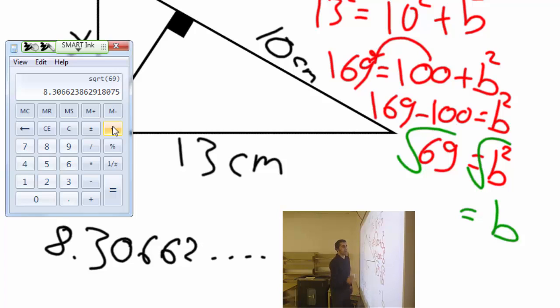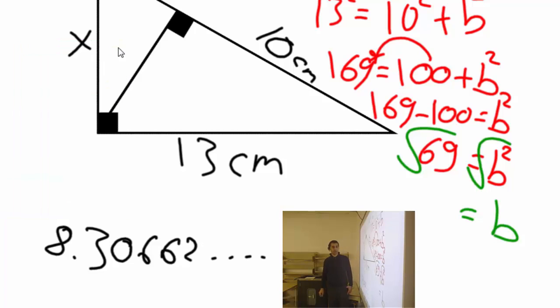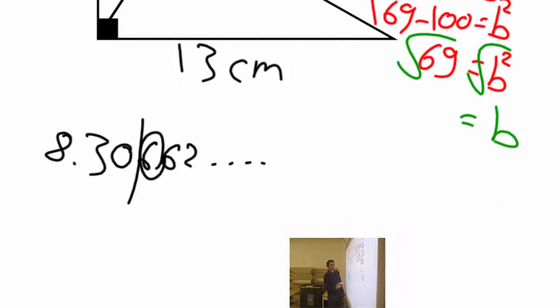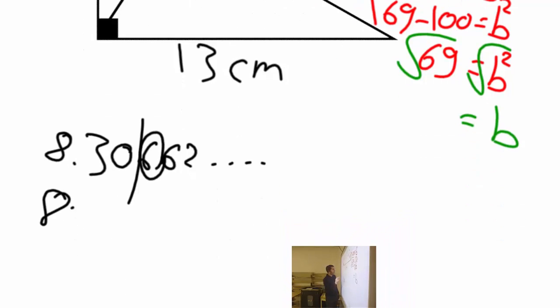It goes on and on. Nearest 100 means I'm going to have 2 digits. This is more than 5, so I'm going to give 1 extra. So when you round up, it will be 8.31. So B will be 8.31. I round it up to the nearest 100.